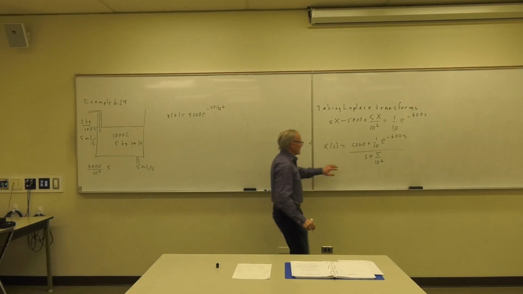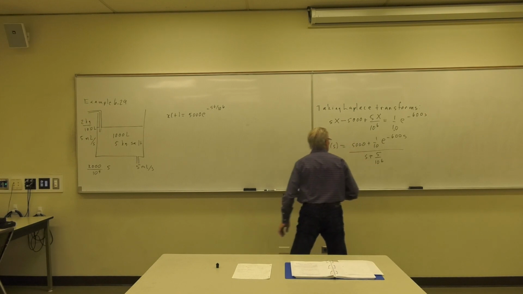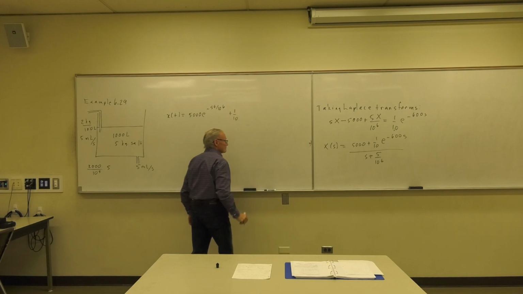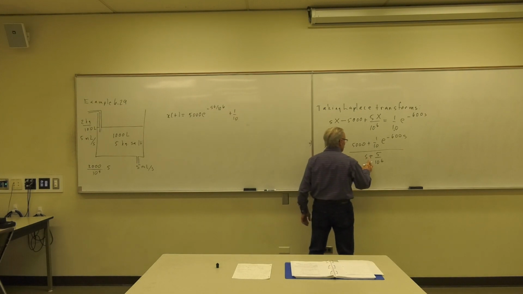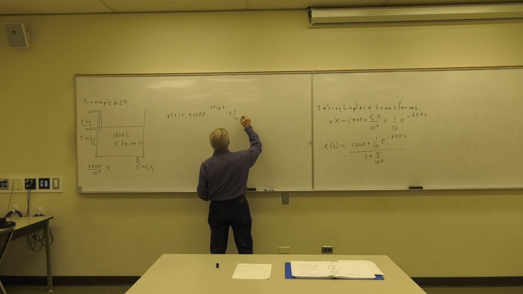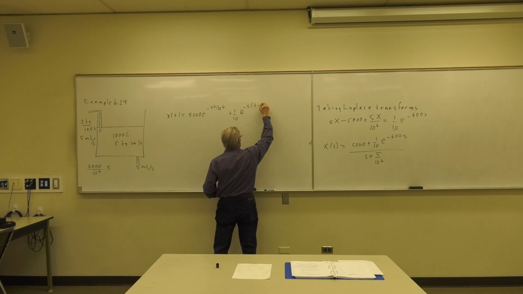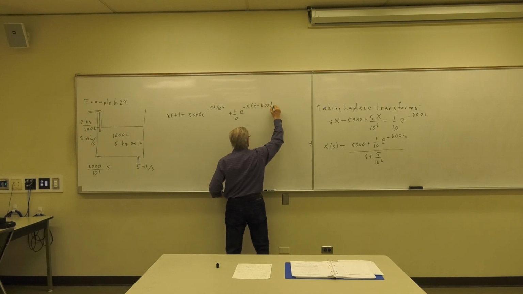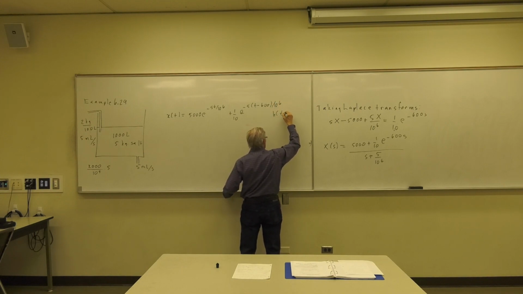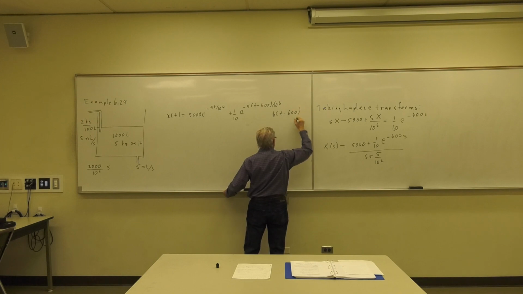So that should be the inversion of that one, plus 1 over 10. Inversion of this one, same thing, but we drop in t minus 600. So e to the minus 5 (t minus 600) over 10 to the 6. Tag on Heaviside, h of t minus 600.